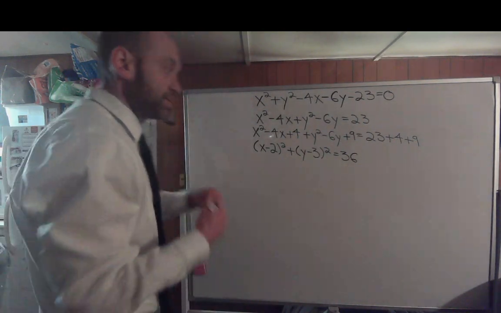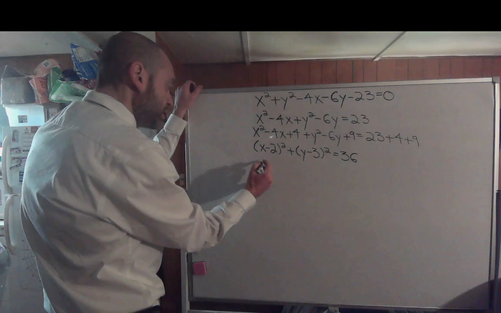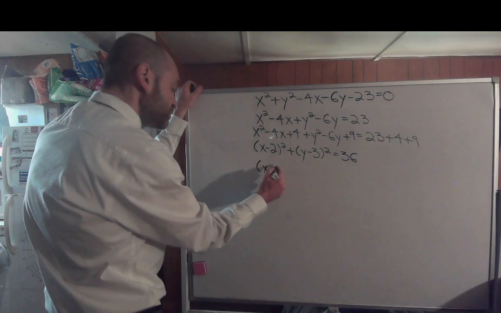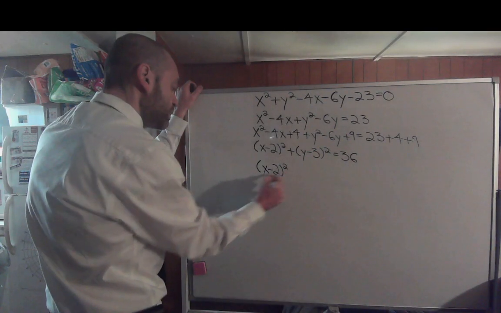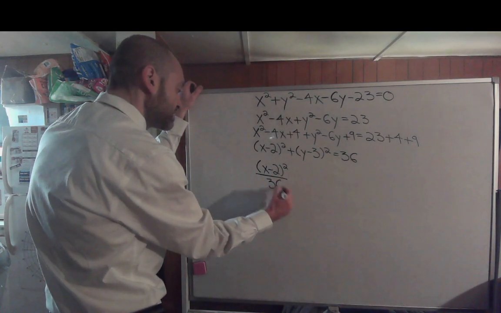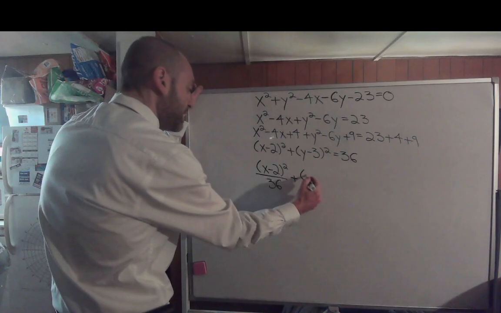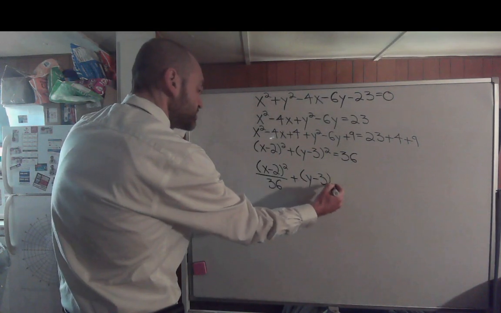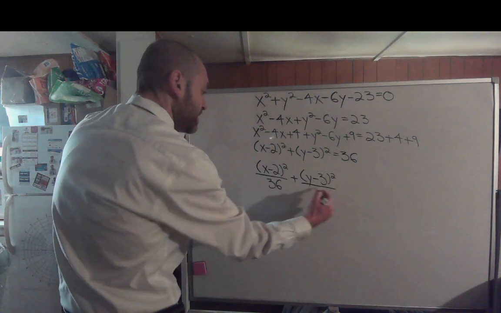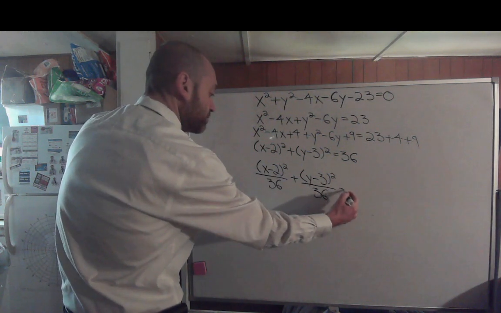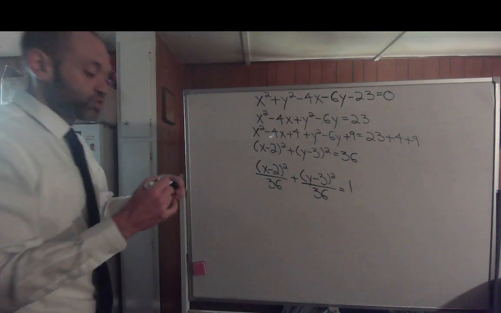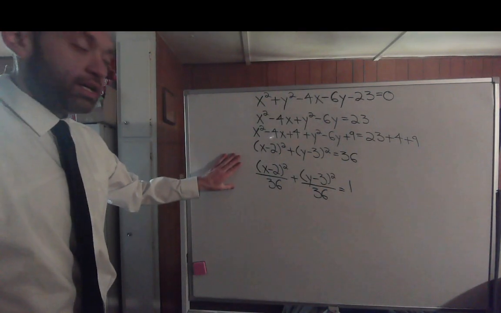Let's get the right hand side equal to 1. This would turn into the quantity x minus 2 squared divided by 36 plus the quantity y minus 3 squared divided by 36 equals 1. So we're treating this circle a lot like an ellipse, okay?